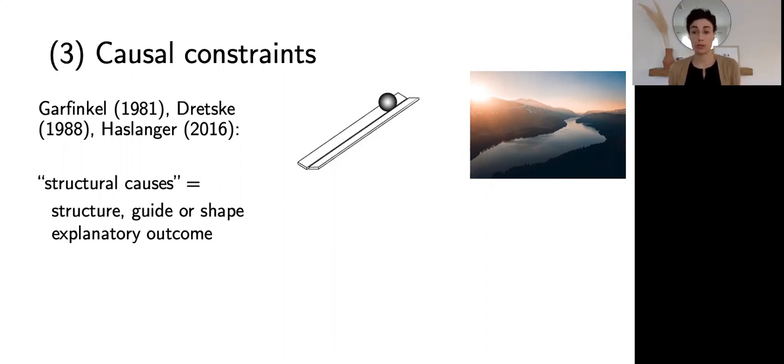So we have a rolling marble that is constrained by this slide. We have a flowing river that is constrained by riverbanks. These constraints are limiting the movement of an entity, in this case, through space. We have lots of other examples that fit a very similar pattern in many subfields of biology.